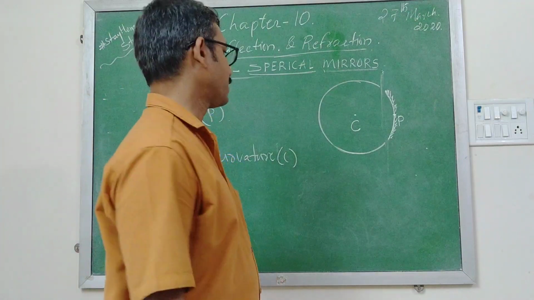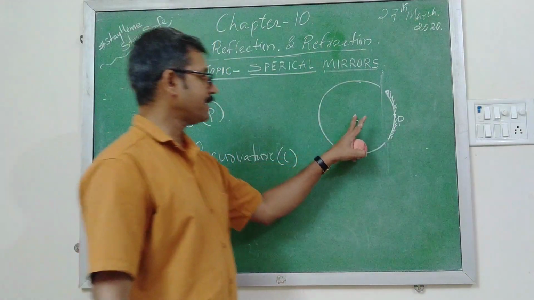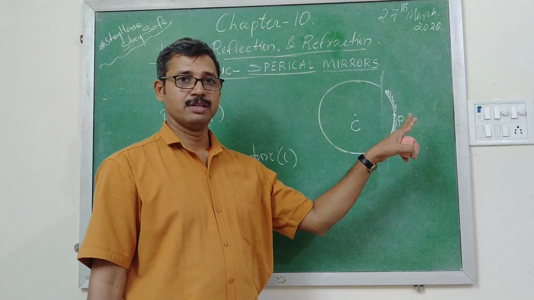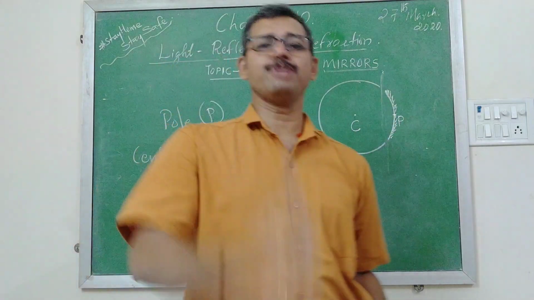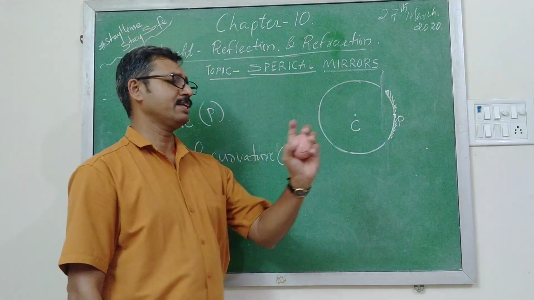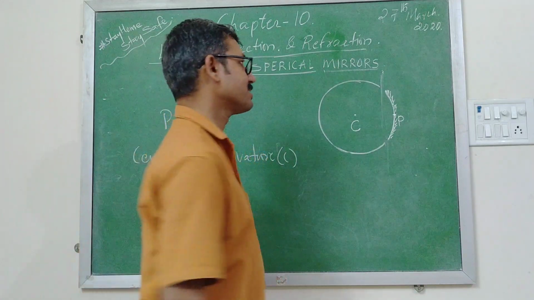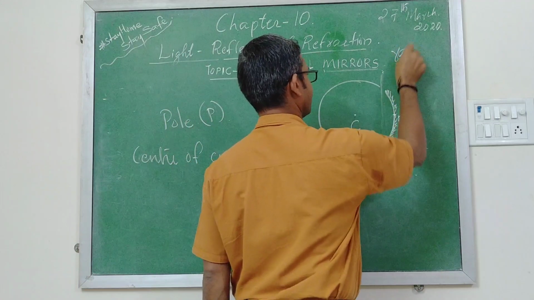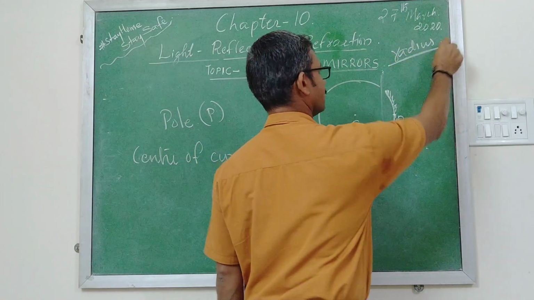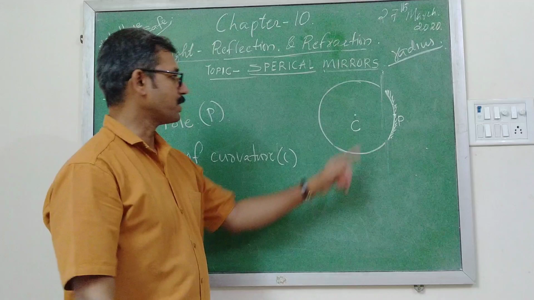Now the next important term. We have the center and we have the pole. Now if it is a sphere, the most important aspect of a sphere is the radius. So the sphere has a radius.